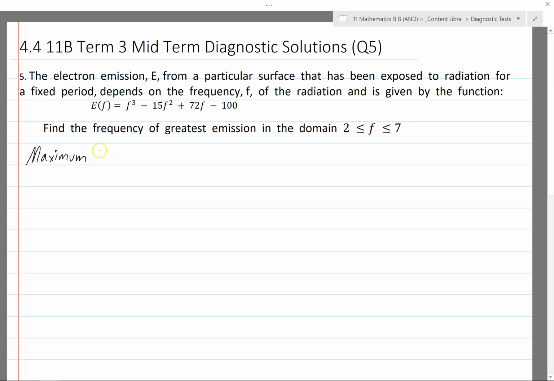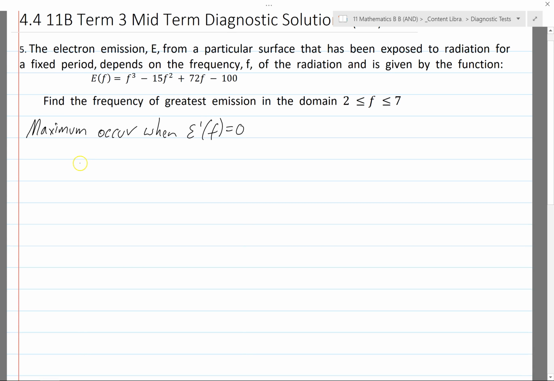maximum will occur when the derivative equals 0. So I'll try to do that. I'll try to differentiate it, set it equal to 0, and find where these f values would possibly be. So my derivative is 3f squared minus 30f plus 72.